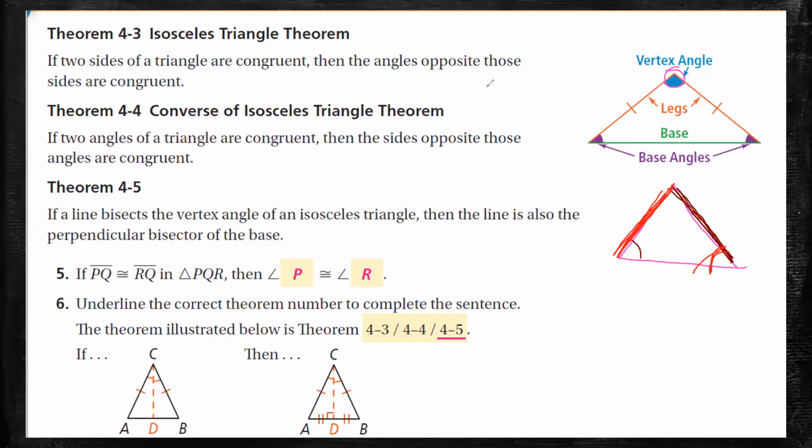The first theorem: if two sides of a triangle are congruent, then the angles opposite those sides are congruent too.